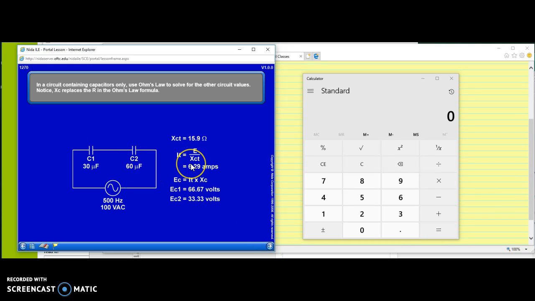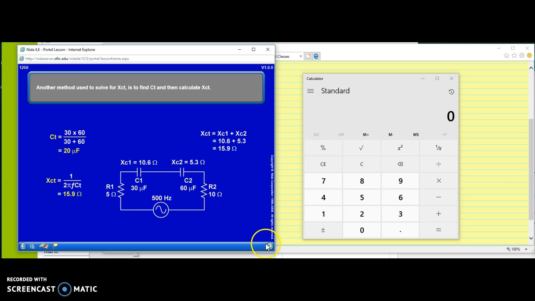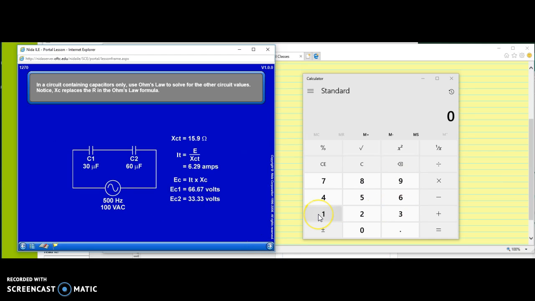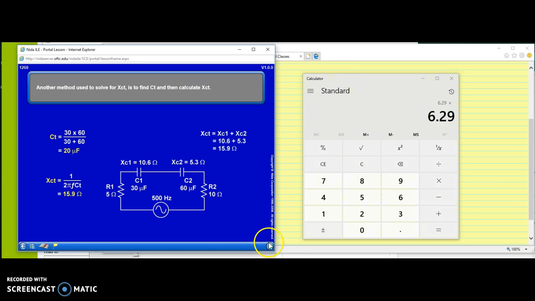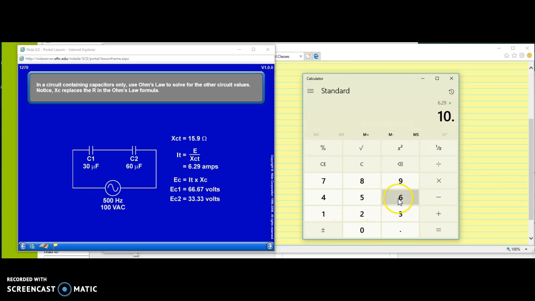So remember, voltage is I times R. So 30 times 6.29 amps times R. Oh, excuse me, not 30 times 6.29, but rather 10.6 times 6.29. I knew that didn't sound right. So I being 6.29 amps times R being 10.6 gives us an effective voltage drop of 6.674. And that's what they've got here.